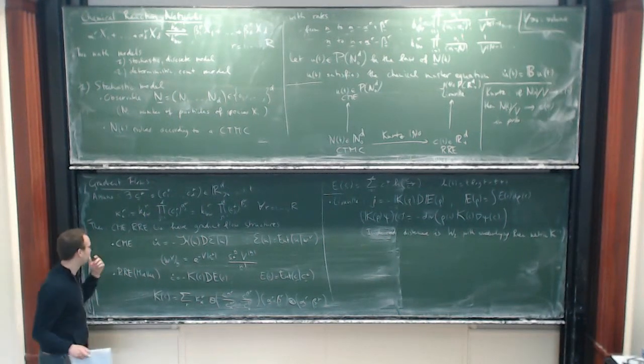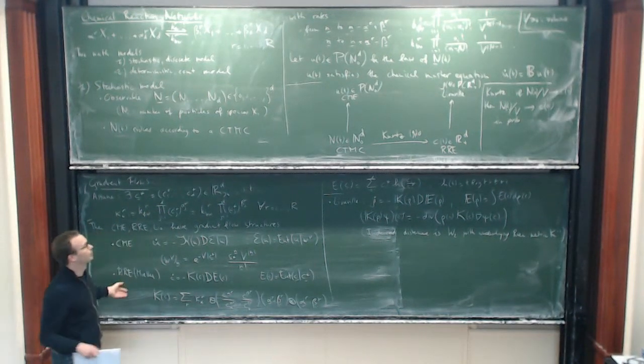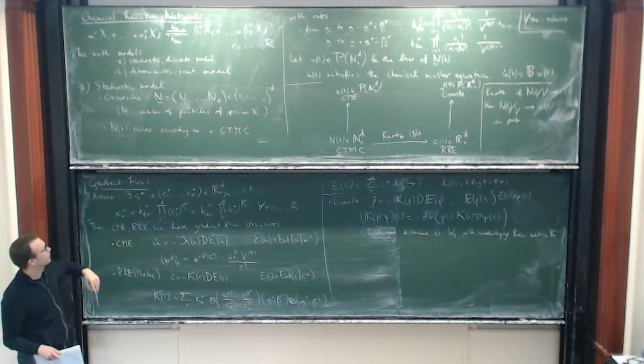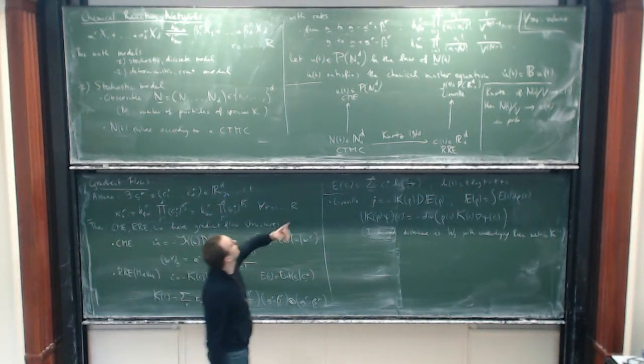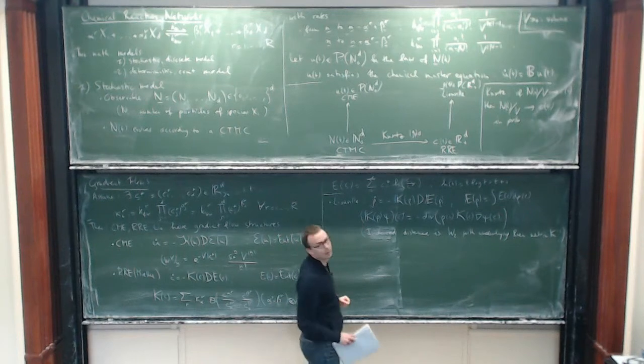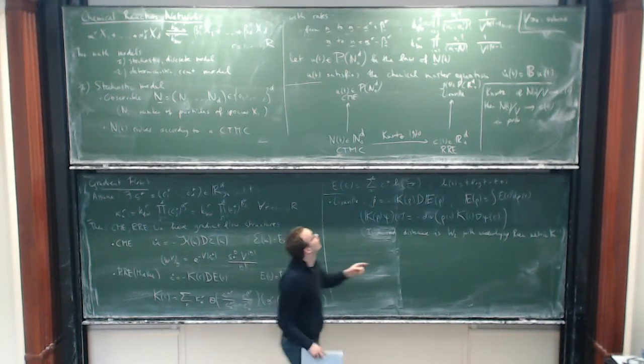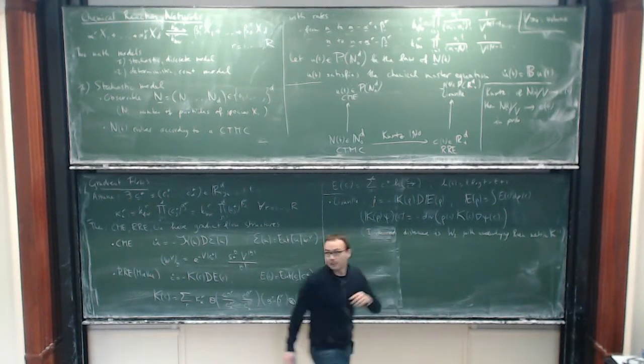So now the question is, in some sense, how are these gradient flow structures related? So can we pass to the limit from the gradient flow structure at the discrete level, so for the chemical master equation, to the gradient flow structure for the Liouville equation?